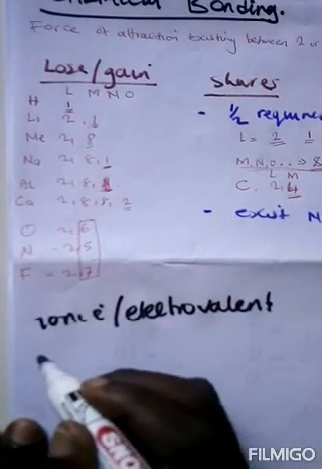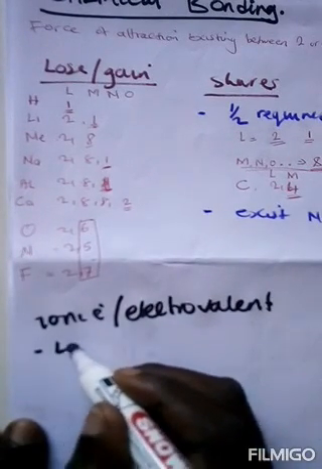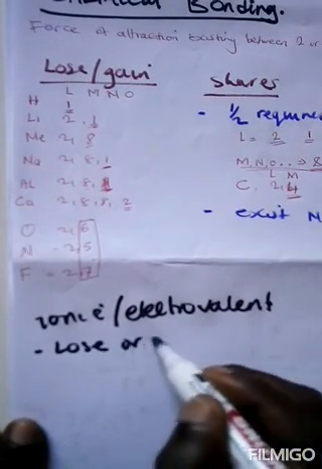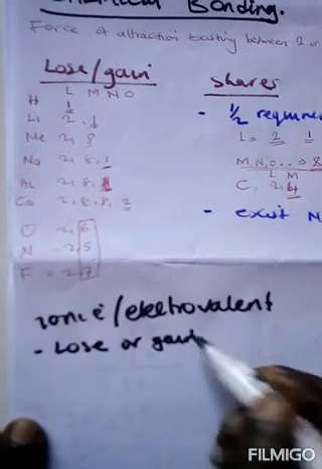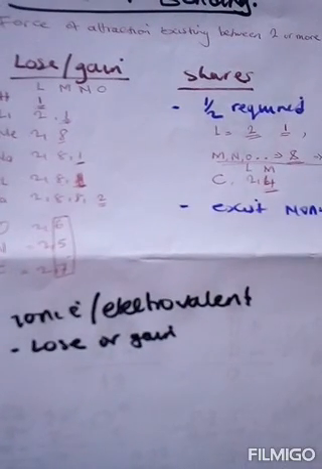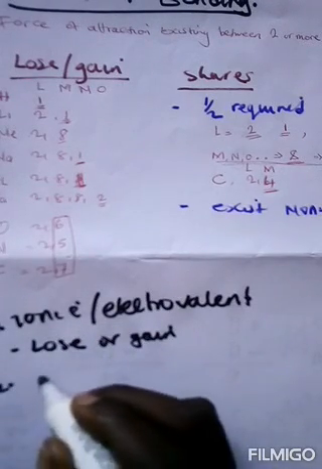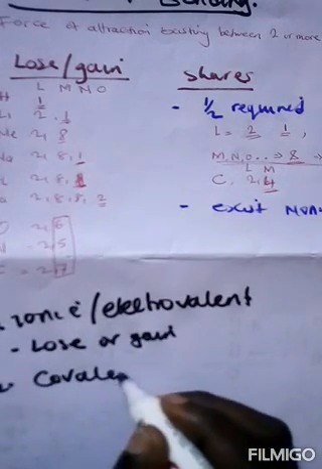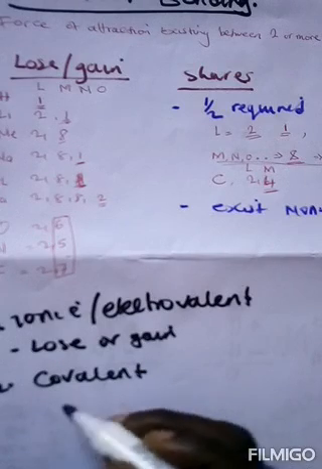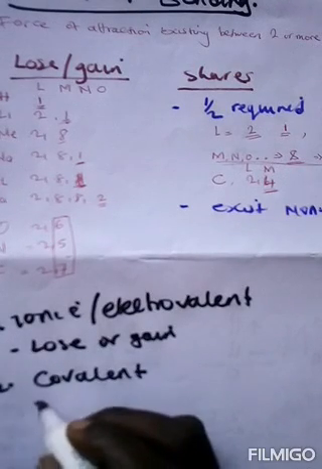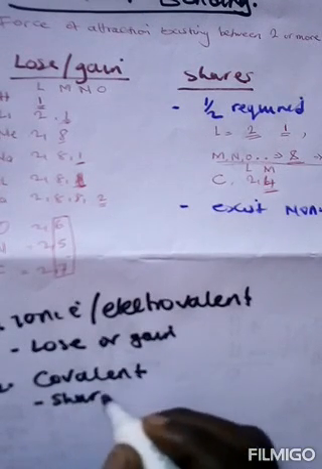This is formed when elements either lose or gain electrons. That's the first type of bonding. The second type of bonding is called covalent. The word co means together. So this is formed when you share electrons.